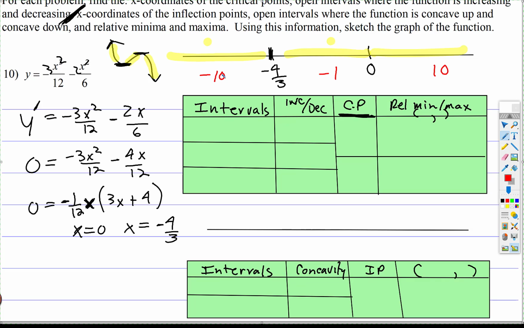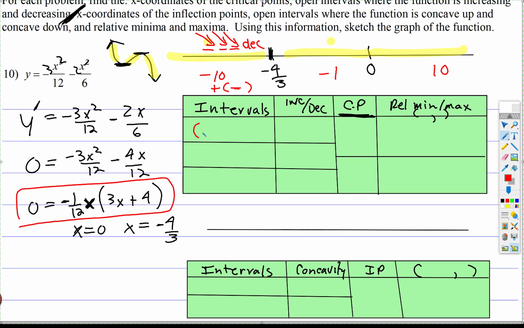So when I plug in negative 10, and I'm going to use this part of the derivative, the factored part, well, negative times negative is a positive on the outside of the parentheses, and then negative 30 plus 4 is negative. Well, positive times negative is negative. So this is decreasing, right?